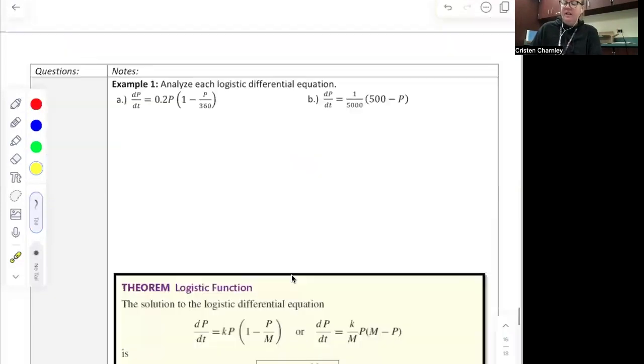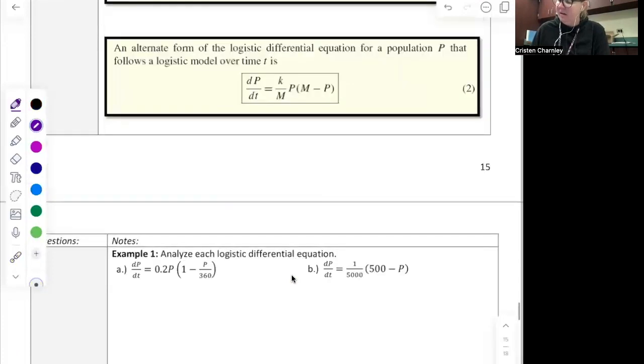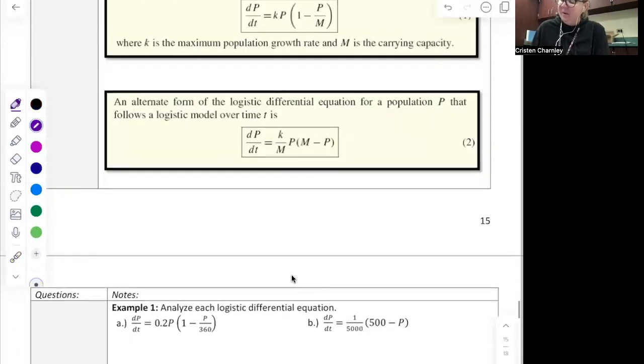So what does this look like? Analyze each logistic differential equation. So we want to know what pieces are what. The first example in number 1 is letter A. Letter A has 2 things in the front. I have a 1 minus a fraction. So it definitely looks more like that first logistic model equation.